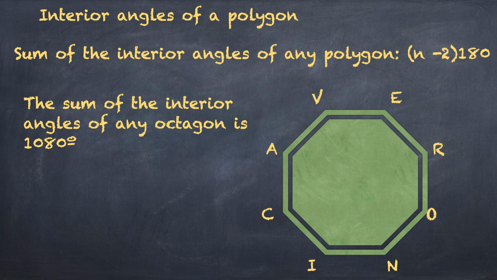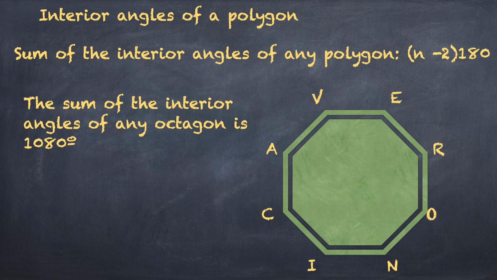So the sum of the interior angles of any octagon, regular or not, is 8 minus 2, 6, times 180, which is 1080 degrees.